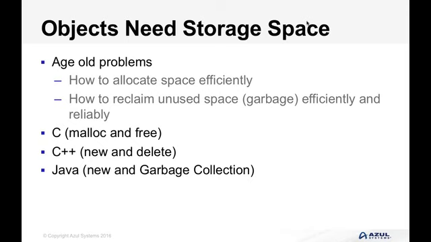You request a new instance of an object, whether it's a string, whether it's a list, whatever. But you then don't have to worry about remembering to free it up. You don't have to remember to tell the system that you no longer require it. The JVM will track everything for you and will decide when that object is no longer being used and can then reclaim the space at some point so that it can be reused for another object.